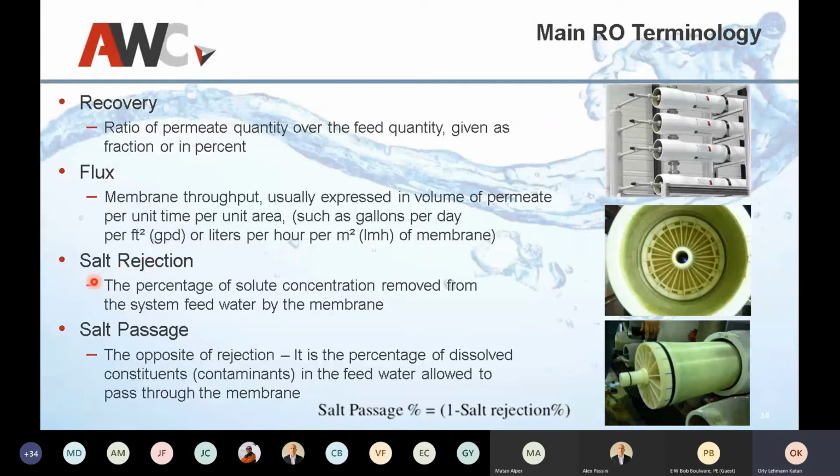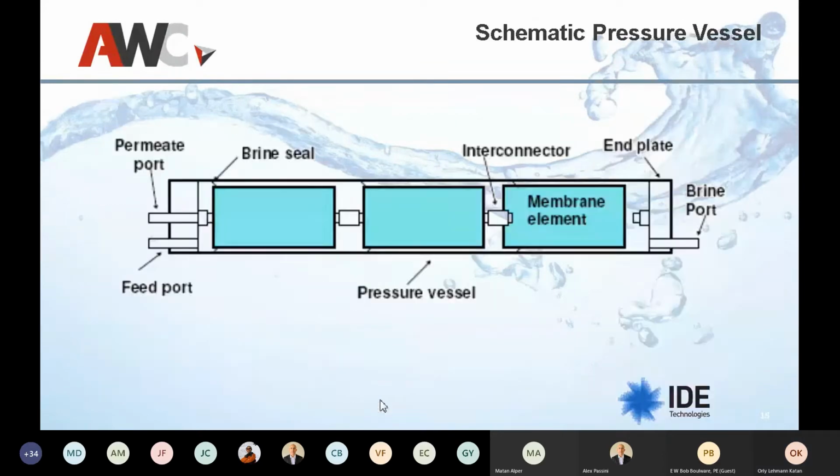Then salt rejection and salt passage, which are basically the opposite of one another. Salt passage shows us the percentage of dissolved contaminants that pass through the membranes, and salt rejection shows us the opposite, what is removed from the system. This is just to show you how inside a pressure vessel, one membrane sits one after the other.